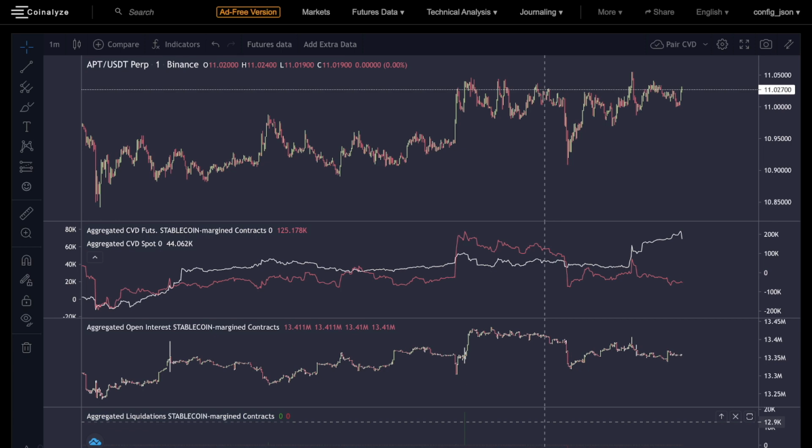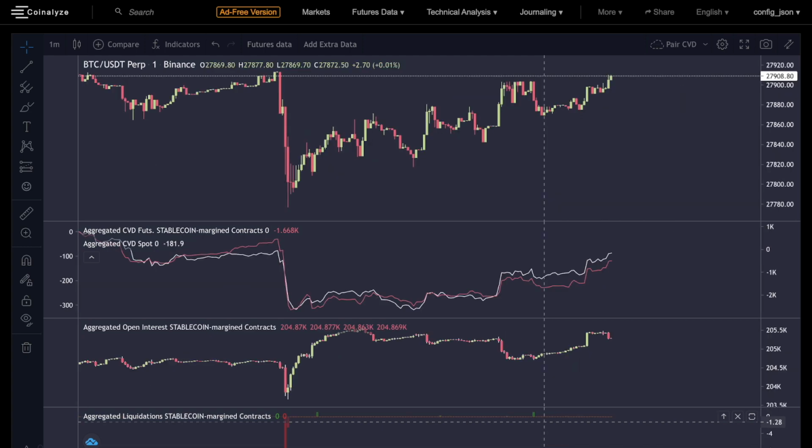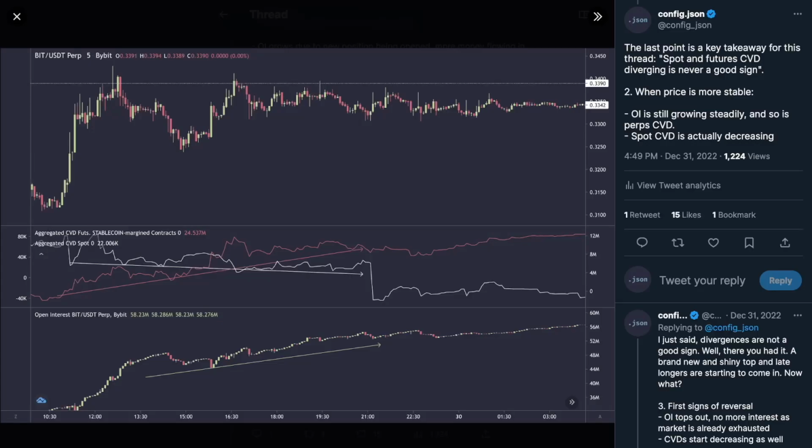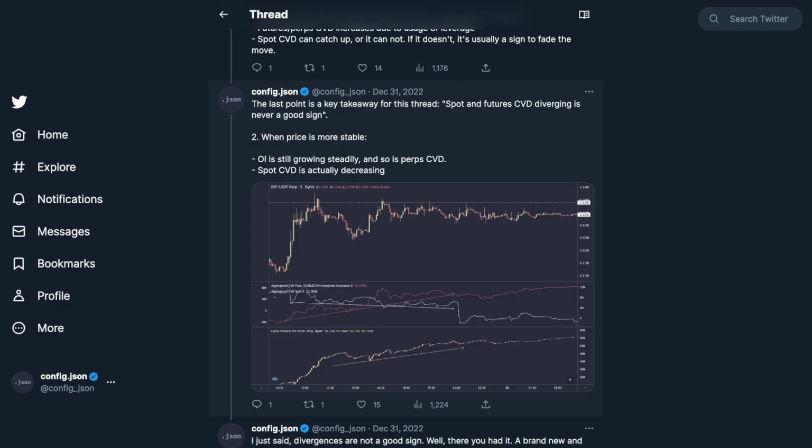Basically, the conclusions that I will take from this thread are that spot CVD and perp CVD diverging is never a good sign. That money rotates from longs to shorts by first flowing out. So you see in stage 3, they start flowing out when longs get liquidated, and then flowing in on the opposite side.